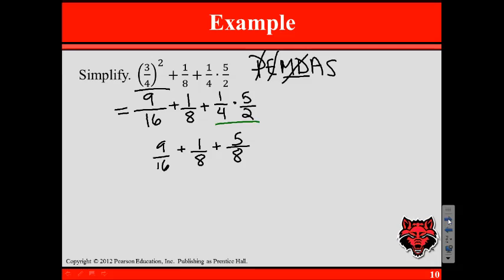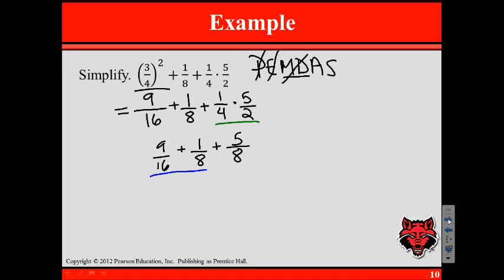And now we look at addition or subtraction. And in this case, it will only be addition with these three fractions. So we take care of our addition from left to right. So first we would add the first two fractions, 9 over 16 and 1 over 8. Remember that before we can add fractions, we have to have common denominators. To have common denominators, we find the least common multiple of 16 and 8.